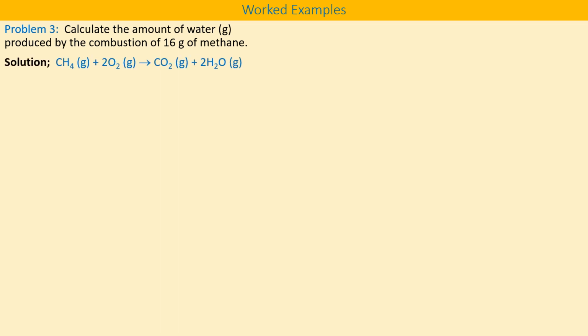The balanced equation for the combustion of methane is given by CH4 plus 2O2, that is oxygen combines with methane to form carbon dioxide and water. So the chemical equation is CH4 plus 2O2 gives CO2 plus 2H2O.